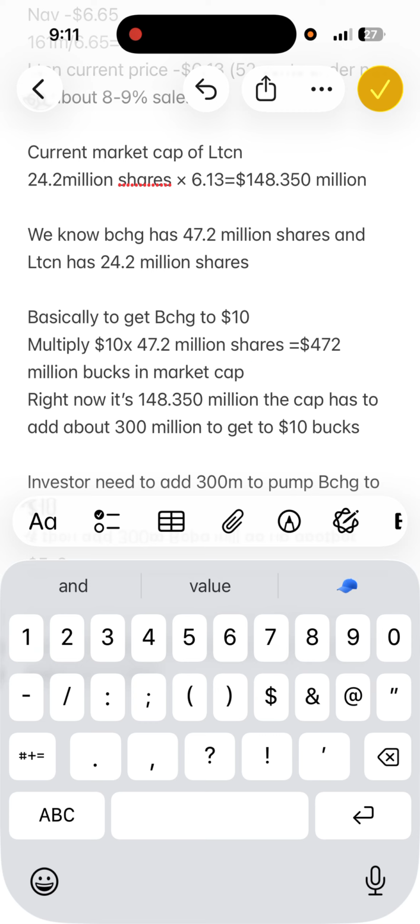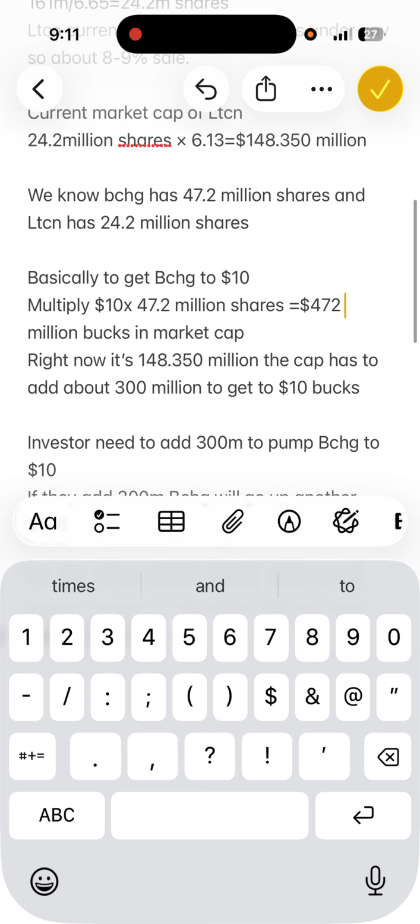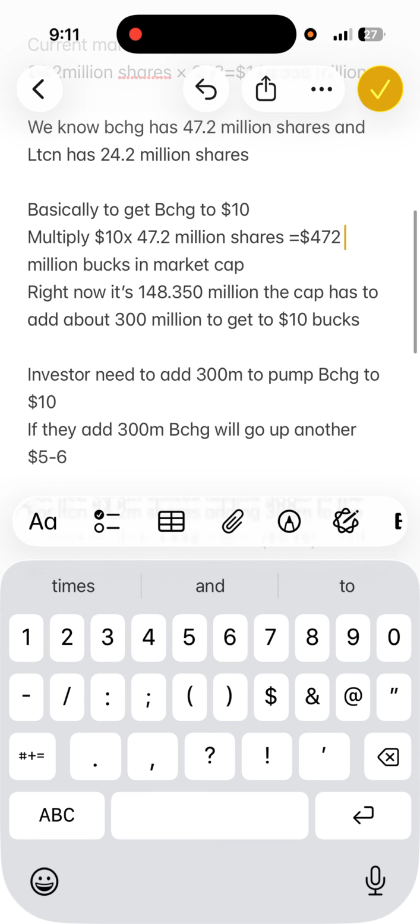Right now it's about 348.3 million. So let's say we were to add about 300 million into that, then it will be roughly close to $10, because it'll be at 448 million versus 472 million. So basically approximately $500 million pumped into BCHG will get you barely above $10, maybe $11.